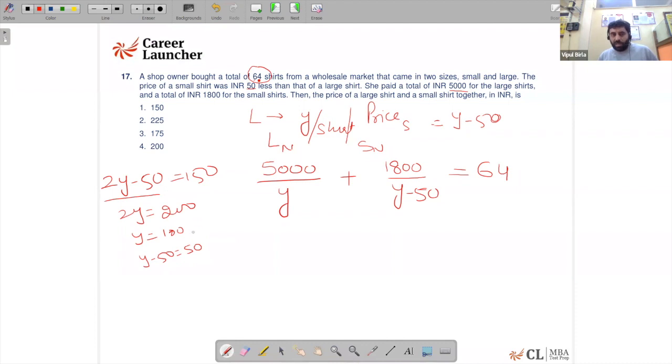Now let's try and plug in this value, whether it's satisfied and gives me 64 or not. So 5000 upon 100, that's going to be 50, plus 1800 upon 50, that is coming out to be nothing but 36. So that gives me sum as 86, but I want that sum to be 64. So therefore I can say 150 cannot be my answer.